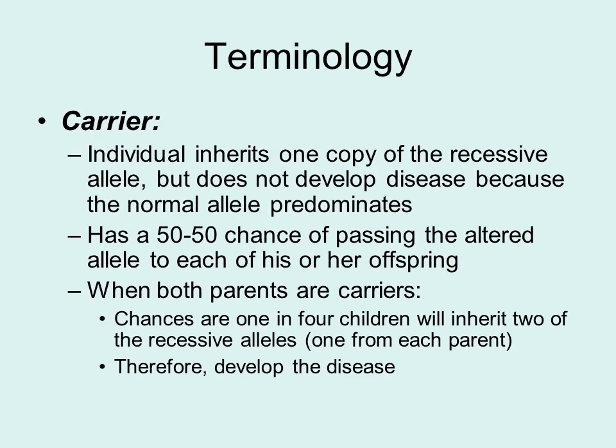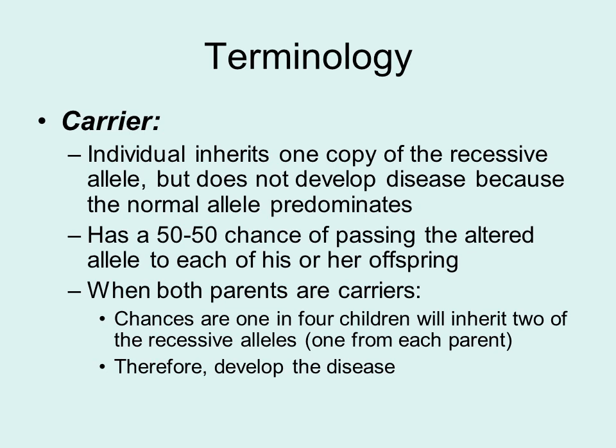A carrier is a term that we use when referring to someone who is heterozygous. Typically, we use this when talking about an individual that has a gene for a disease or some disorder or abnormality.